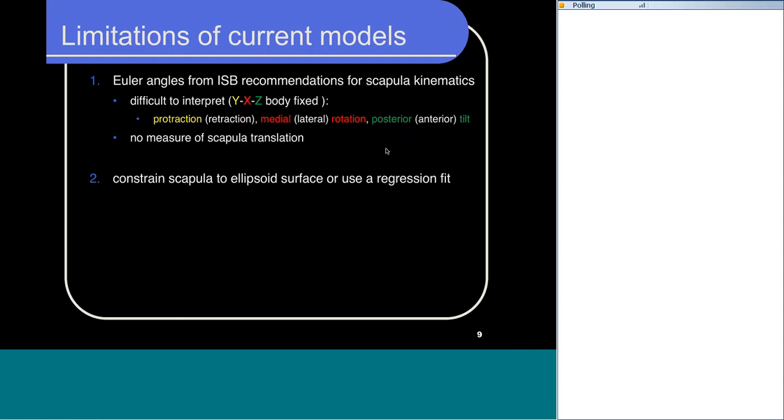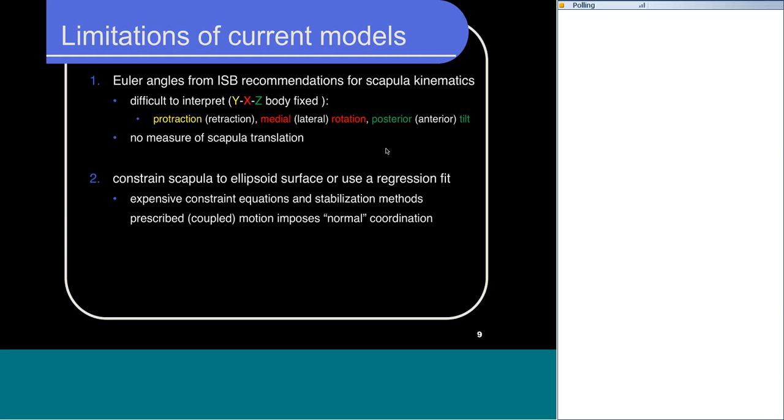In reality, the scapula is constrained to the surface of the thorax, and people have used constraints to model the ellipsoid surface, namely Van der Helm, and then also have used a regression fit to match the scapulohumeral rhythm. So, in general, the constraints are computationally expensive to simulate and require stabilization methods.